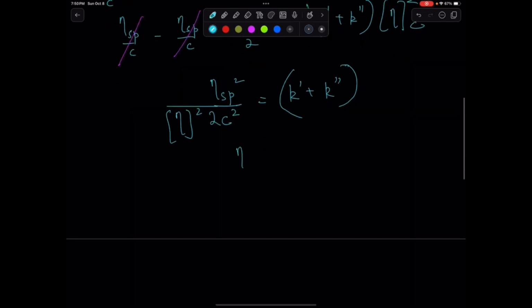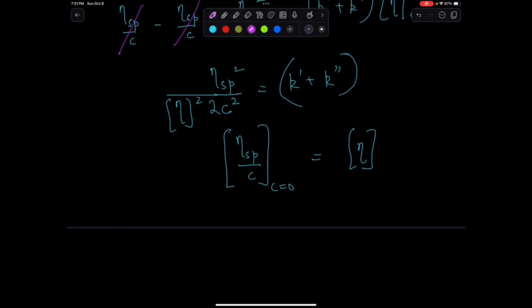Then eta specific over C at C equal to 0 is eta, giving K prime plus K double prime is equal to 0.5.